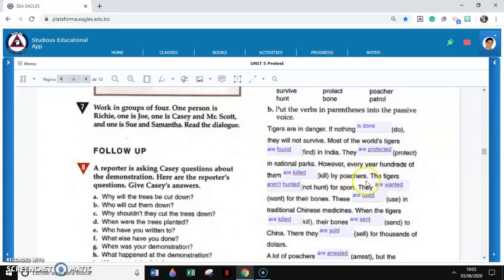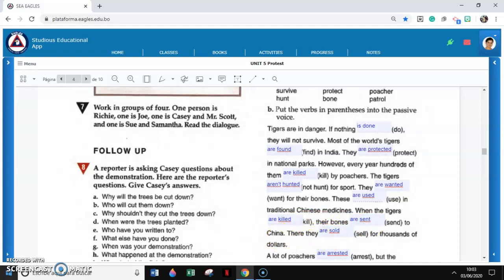Okay? The tigers aren't hunted. The tigers are not hunted for sport. They are wanted for their bones. These are used in traditional Chinese medicines. When tigers are killed, passive, verb to be, plus the past participle form of the verb kill, the bones are sent to China.